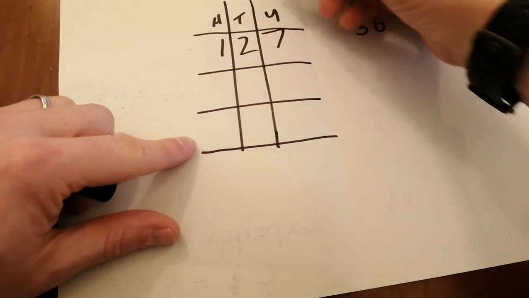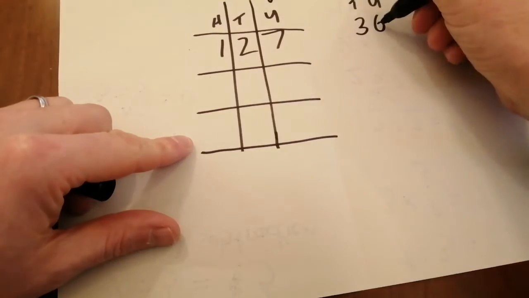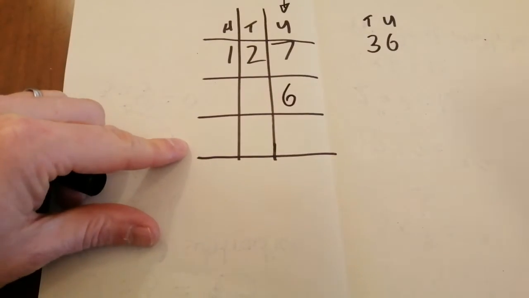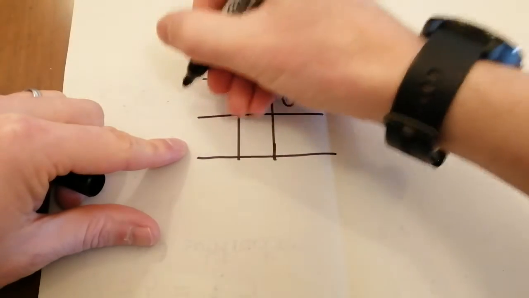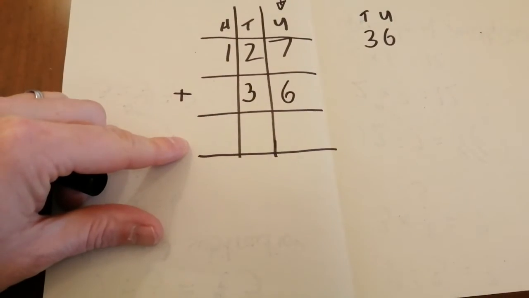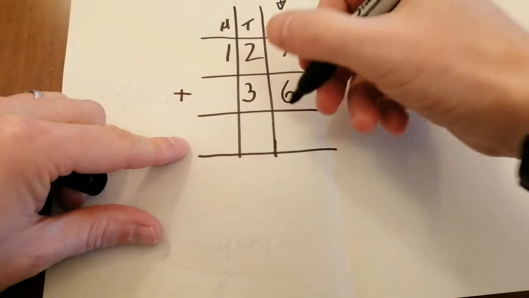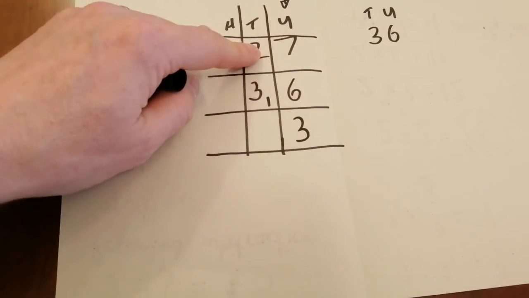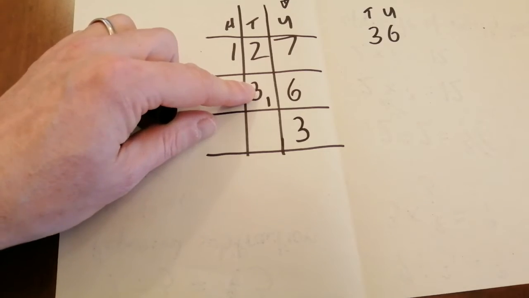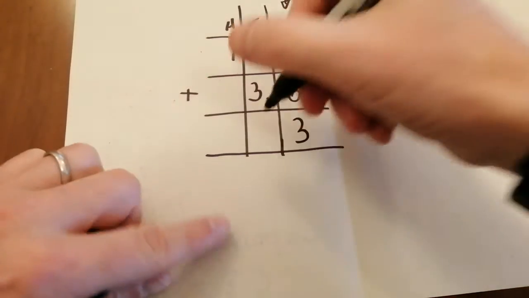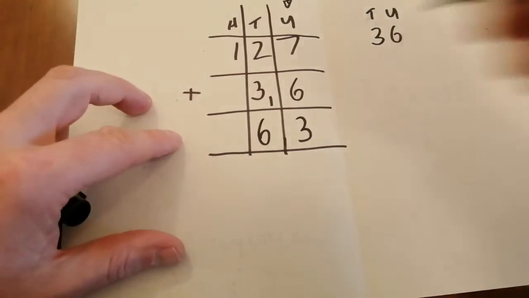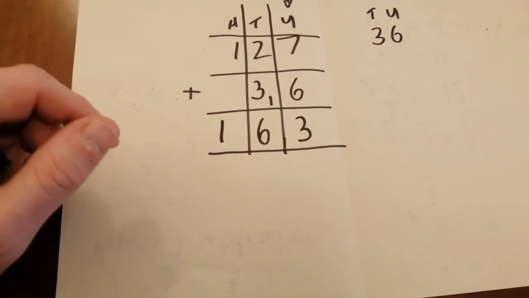So this is my units column. I have to put the units in the correct column. There's 6 units in that calculation, and there are 3 tens. Now I can do my calculation. 7 plus 6 is 13. I put in my 3 and I carry my 10. 2 tens plus 3 tens is 5 tens. Add one more 10 on, that's 6 tens. And then I've got 0 to add on to this one. So I've got an answer here of 163.